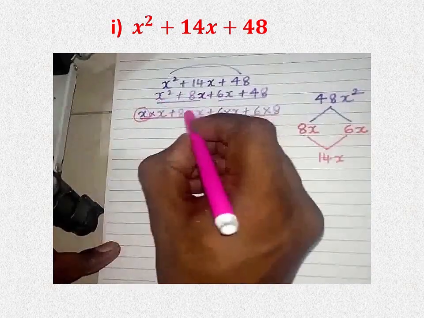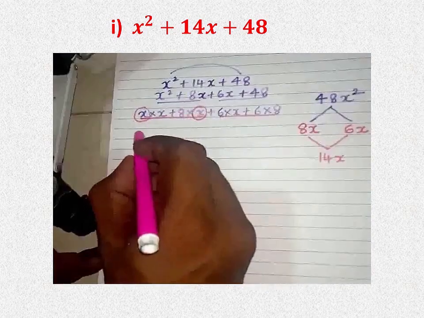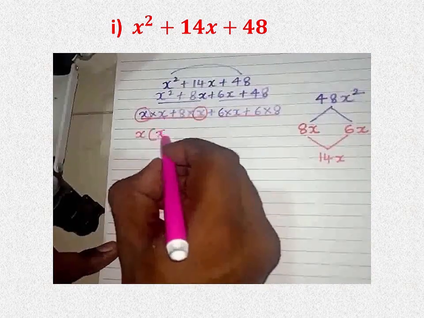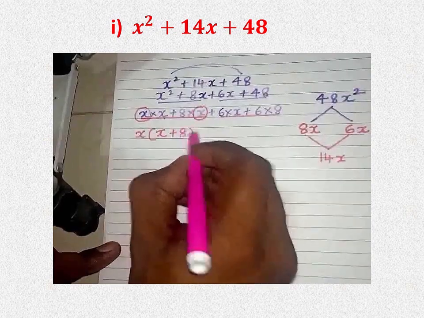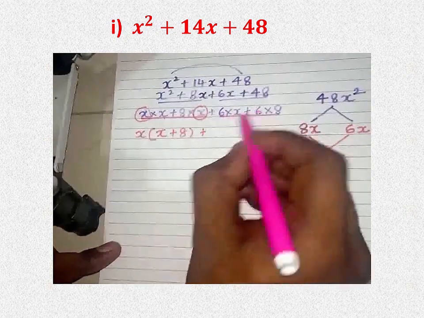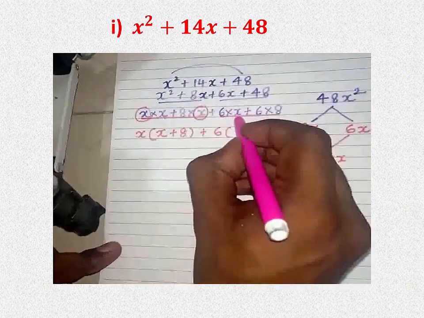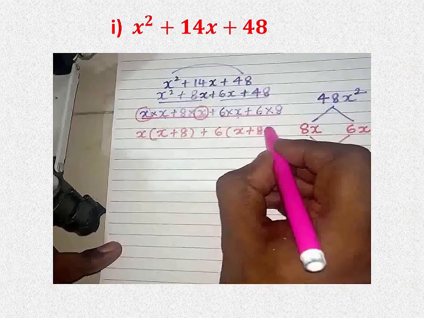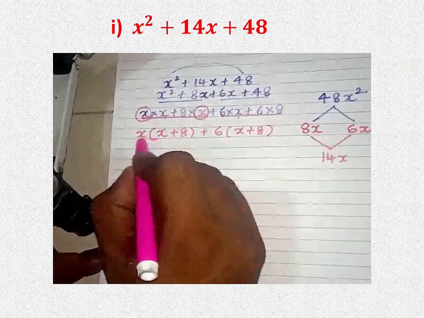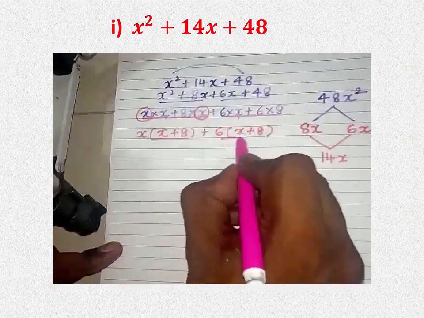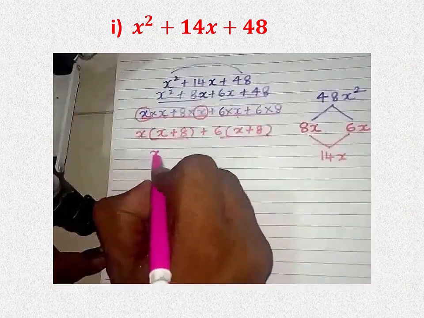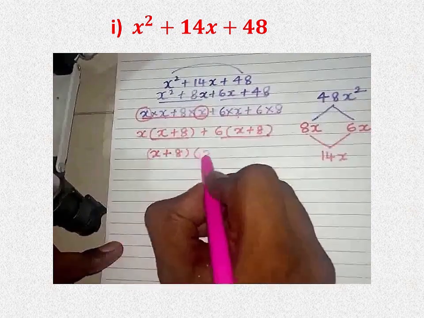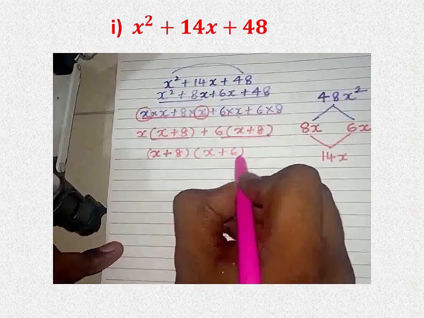The common factor in the first group is x. If you take x as a common factor, the remaining term is x plus 8. Now 6 is a common factor, the remaining term is x plus 8. Now in this whole expression, x plus 8 is the common factor. So if I take out x plus 8, the remaining term is x plus 6.